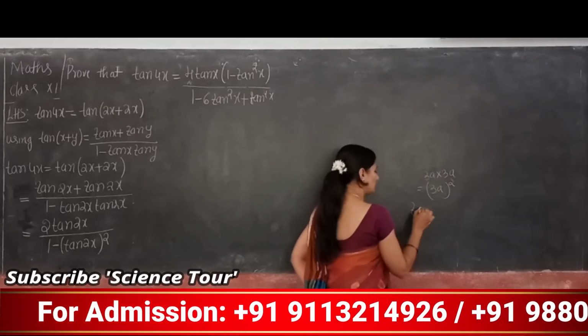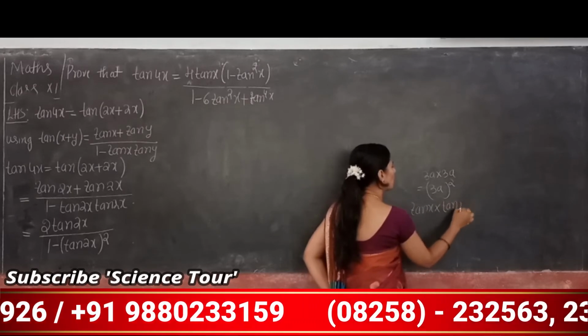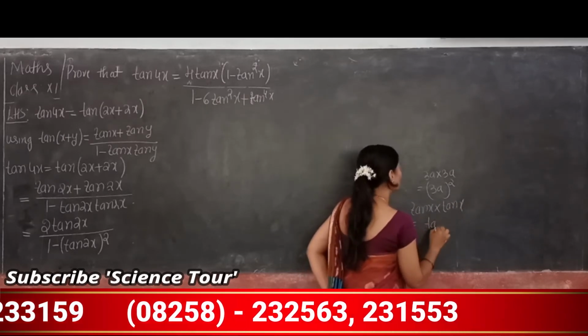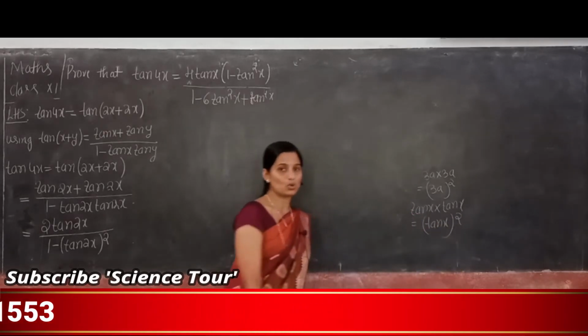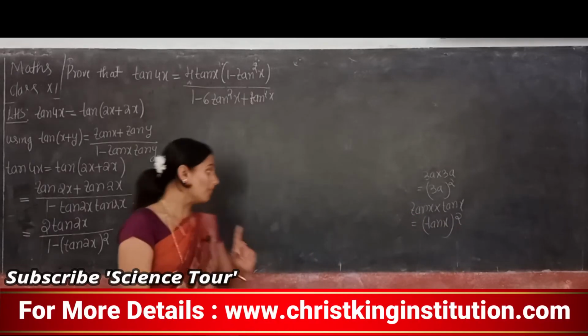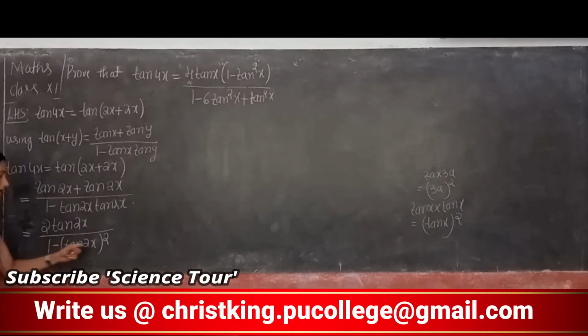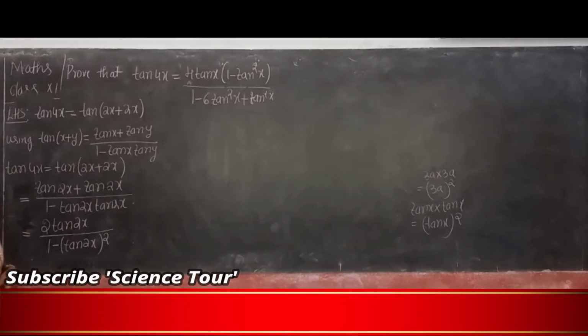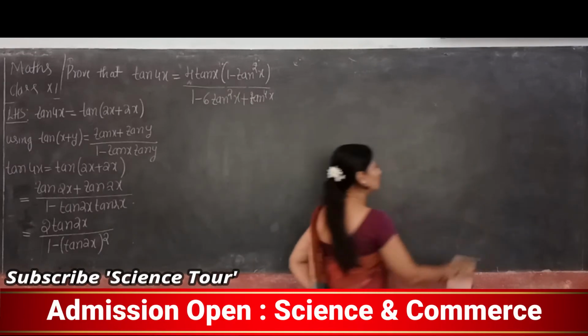Correct, no? Similarly, tan x into tan x is tan x whole square, and tan 2x into tan 2x is tan 2x whole square. Clear? Yes.